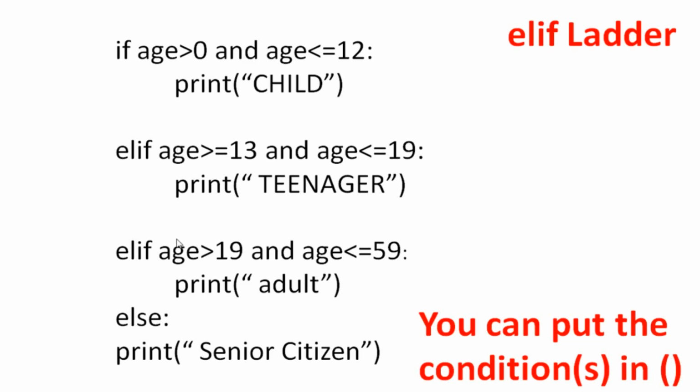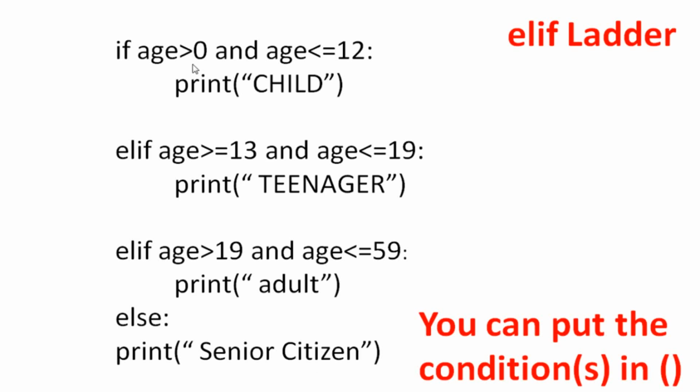You have another variety of if, that is the elif ladder. Multiple conditions can be checked. So this is one condition. If this is not true, then it will go for this checking. If this is also not true, then this will be checked, and if none of the conditions is true, then it will perform this block, that is the else block.